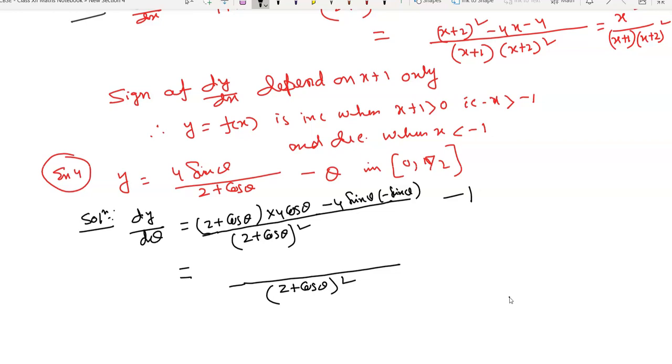When you differentiate, this has become 2 plus cos theta into 4 cos theta minus 4 sin theta into minus sin theta. So if you merge these two, this is going to be 8 cos theta plus 8 sin theta cos theta minus 1.